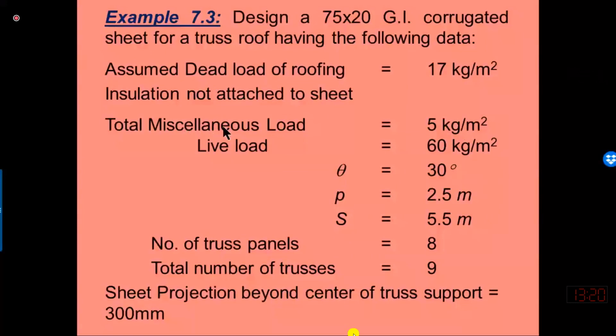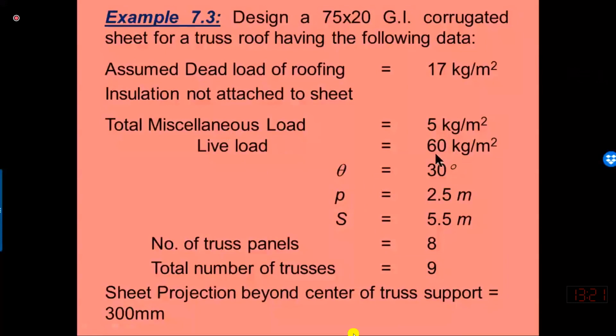So the live load may not be given to you. You have to take the live load based upon the inclination of the roofing system. We have already seen that if the inclination of our truss is 30 or more than 30, then the live load or snow load will be 60 kilogram per meter square or 600 Newton per meter square.